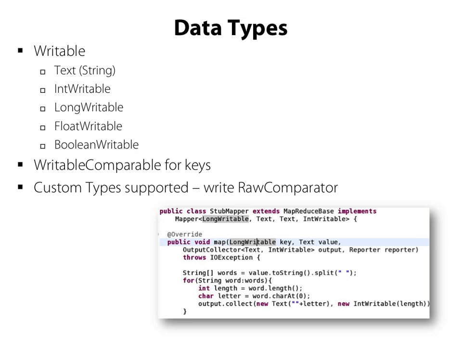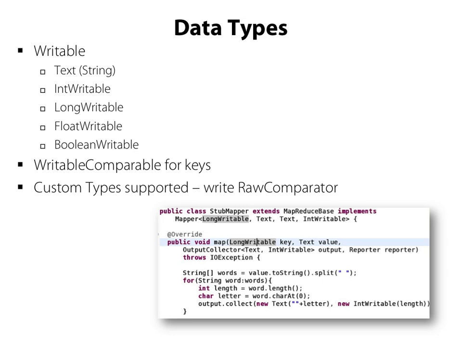Taking a look at data types, you've seen through the various examples that we work with writables so that we can do processing through the MapReduce algorithm. These are custom types that are part of the API. So we've got a text writable for string, we have an int writable, long writable, float writable, and boolean writable. If we're doing sorting, we need to use WritableComparable for keys.